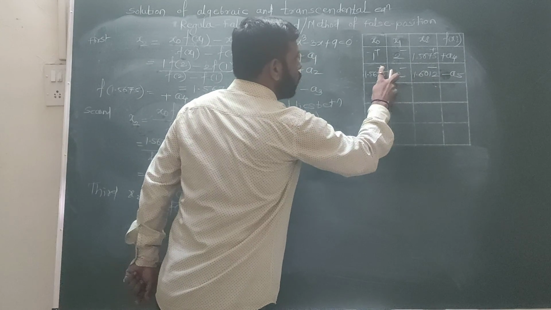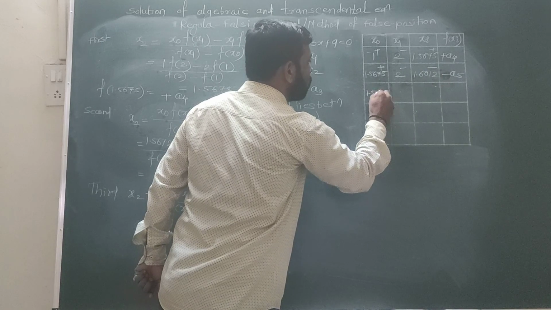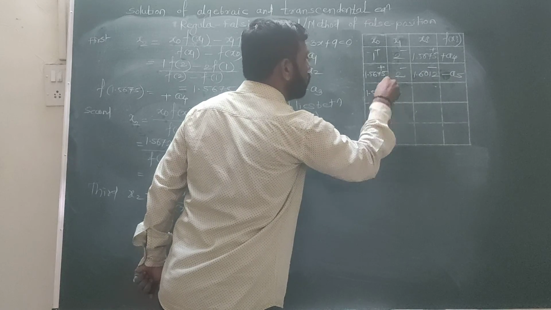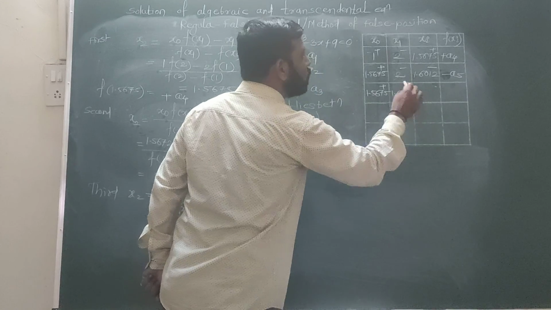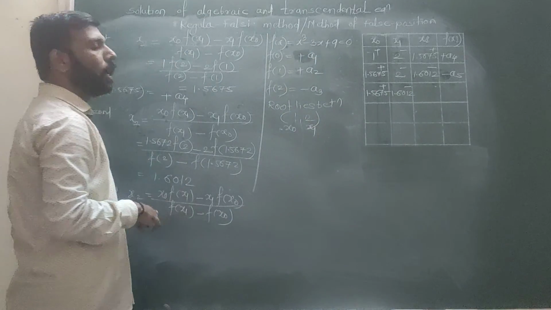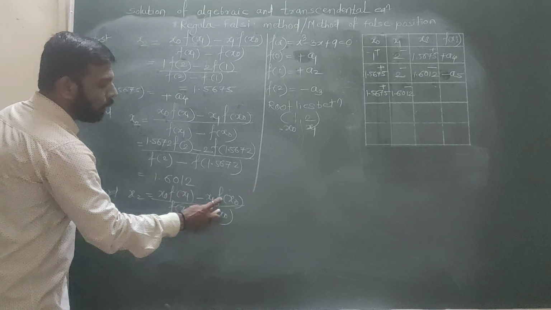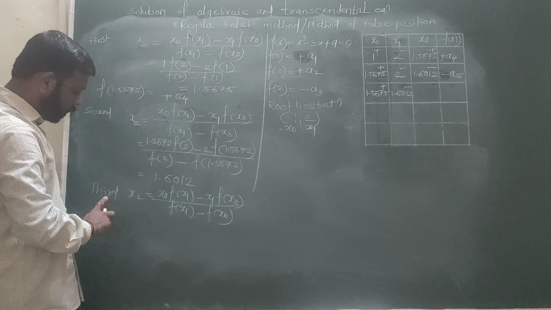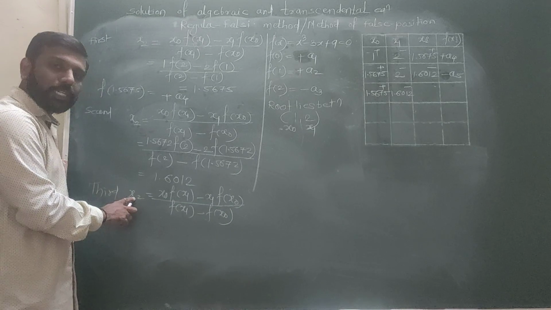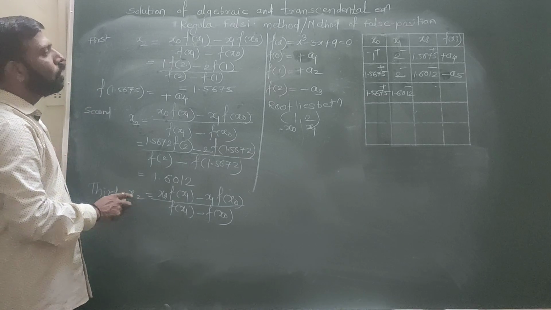Now two opposite terms will be considered, plus and minus. So this becomes our new x0, x1 values. Substitute x0, x1 accordingly in the function, and then we get the third approximation. This is just a representation, but we got the third approximation.